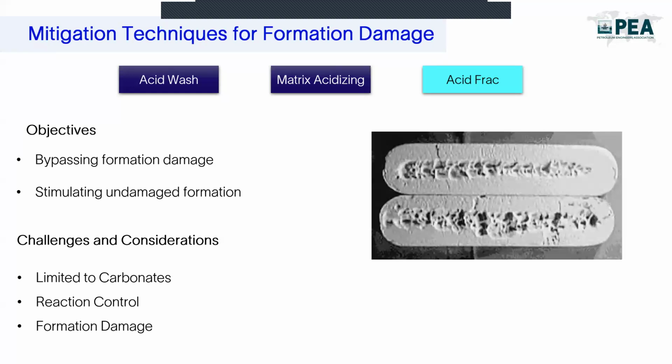The basic principles of fracture propagation and geometry are also the same as in terms of wormholes, because we're talking about carbonates. The difference between the two fracturing methods is how the fracture conductivity is created and maintained.